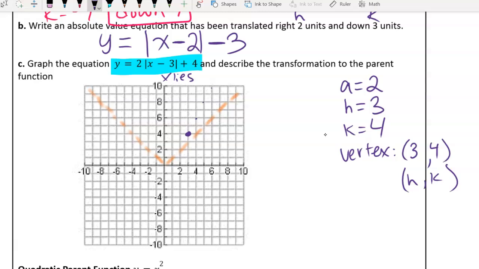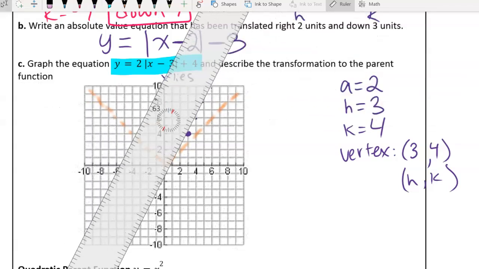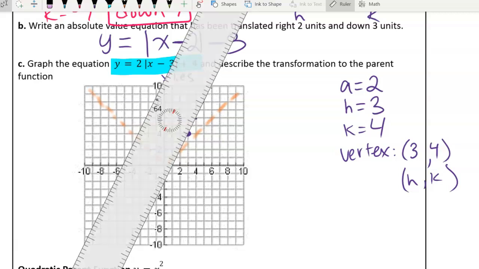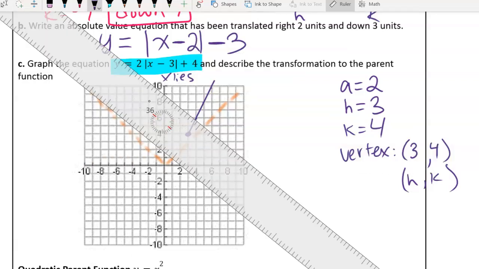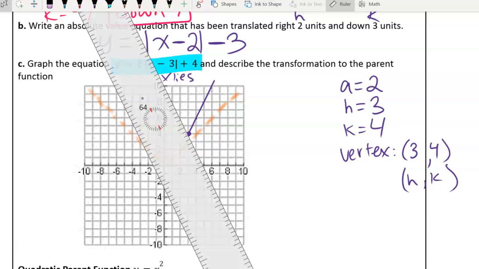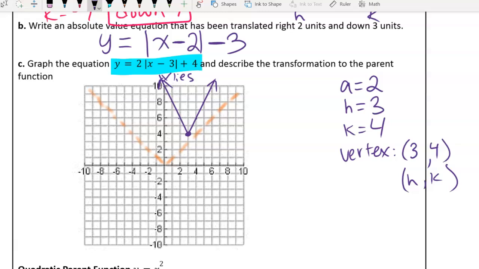And then for your other side, you're going to go up 2 and left 1. All right, I think mine's just a little crooked, but it goes something like that.